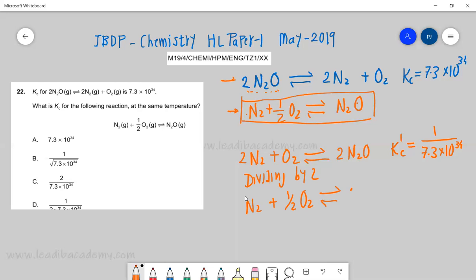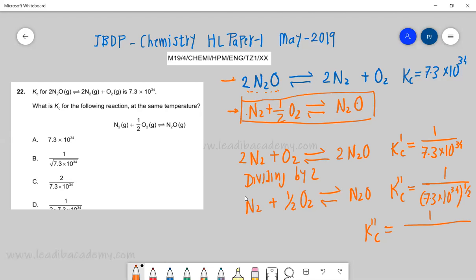So this is the desired reaction, but now the new Kc, as soon as we divide, there is a power: 7.3 into 10 raised to 34, raised to half. What does it mean? It is nothing but the square root.